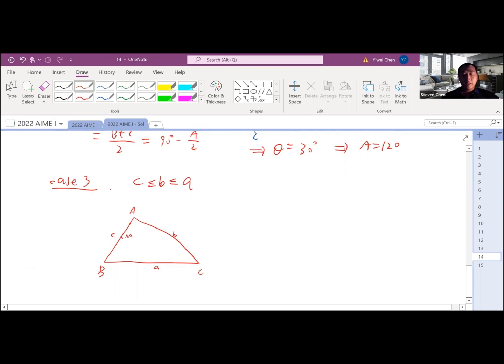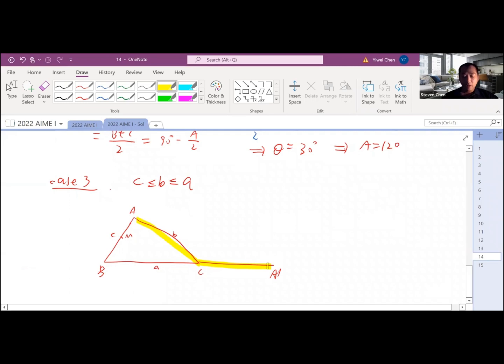So in this case, because small a is bigger than small b, we'll do the following operation. So let's extend BC to point A prime such that AC is equal to A prime C. Okay. So then it tells us that X should be the midpoint of BA prime.